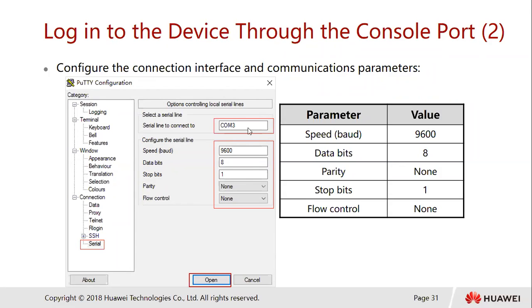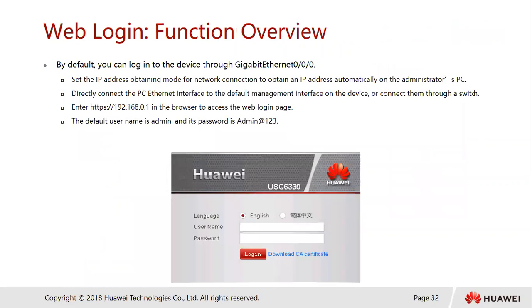So these are the configurations that should be on PuTTY, Telnet, or CRT Secure. So once you have this, then you can click OK, and then you can go to the command line of that device you have connected to your laptop.